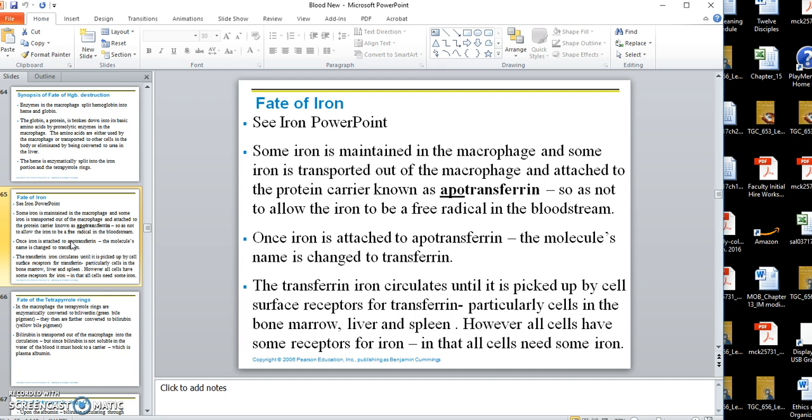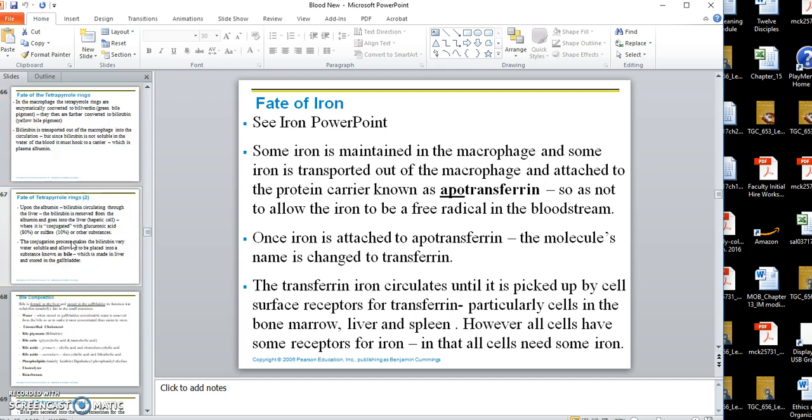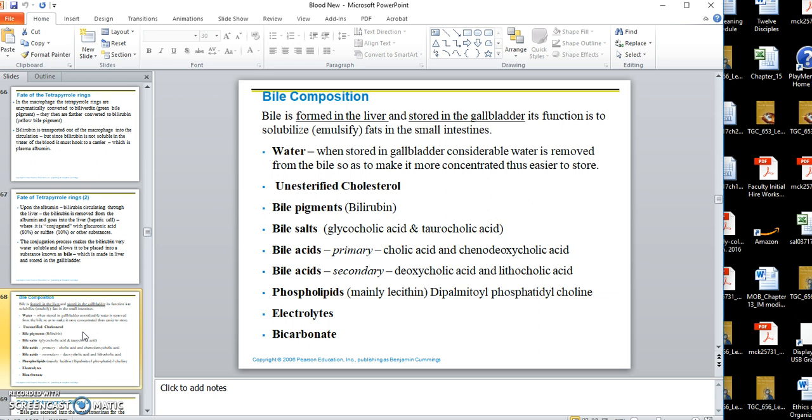The tetrapyrrole rings are broken down through several steps, ultimately forming something called bilirubin, which is called yellow bile pigment. The bilirubin then is placed in something called bile. Bile is made by the liver and stored in the gallbladder.